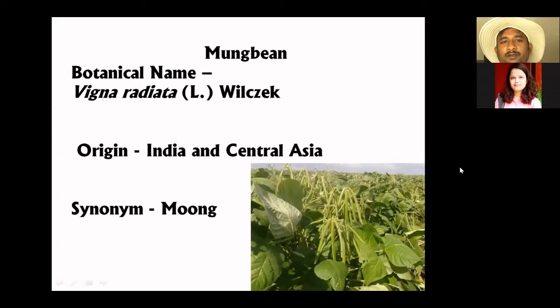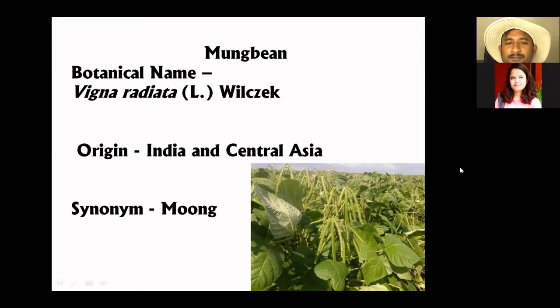Coming to the mung bean, the botanical name of mung bean is Vigna radiata, and the origin is India and Central Asia. That's the reason why we have a lot of variability in mung bean in Central Asia and the Indian subcontinent.